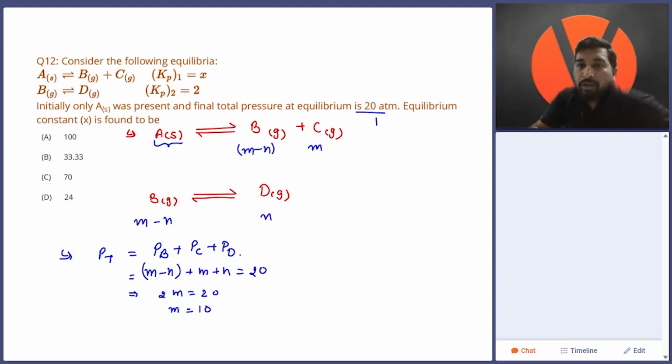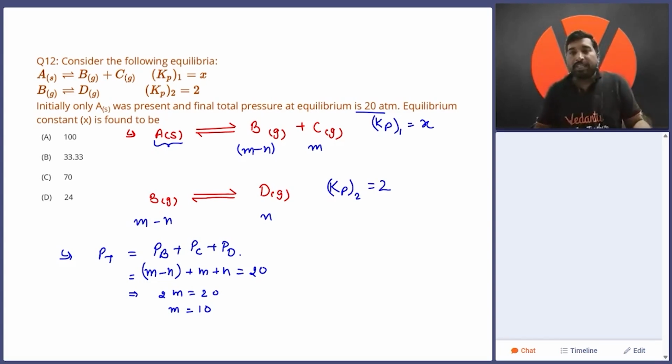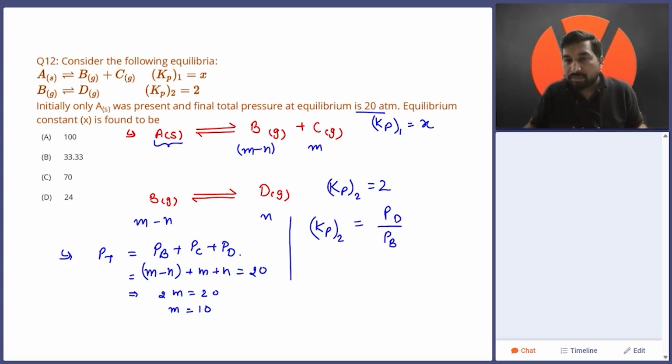Now we talk about Kp1, which is X, and Kp2, which is equal to 2. Now I am talking about the second reaction, B gives D. So Kp2 should be equal to the partial pressure of D upon the partial pressure of B. So 2 is equal to, what is the partial pressure of D?